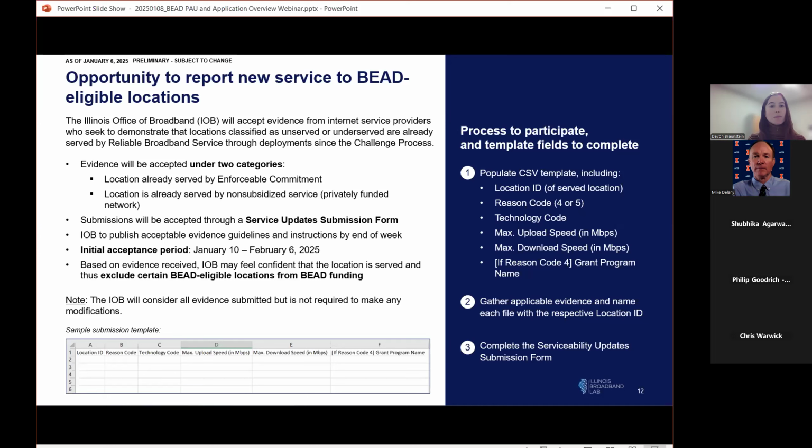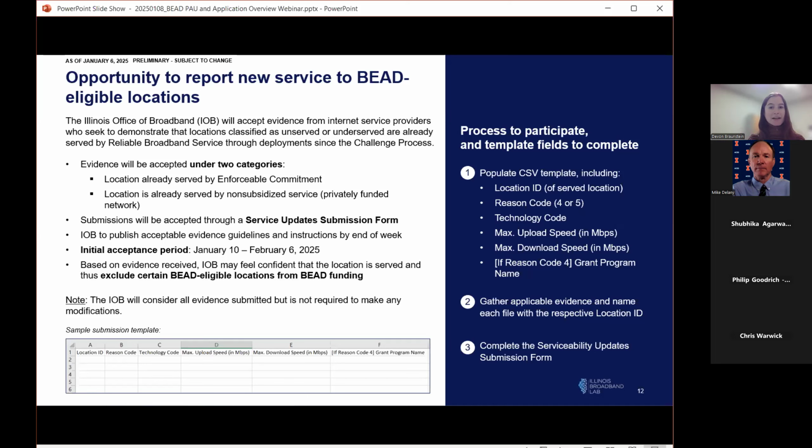So we'll be accepting evidence under two categories. One is locations already served by an enforceable commitment. Maybe there was a more recent federal award or a state award, a location that we missed. We'll ask for something like a grant letter, and then the specific locations that are not currently marked as enforceable commitments in our data.